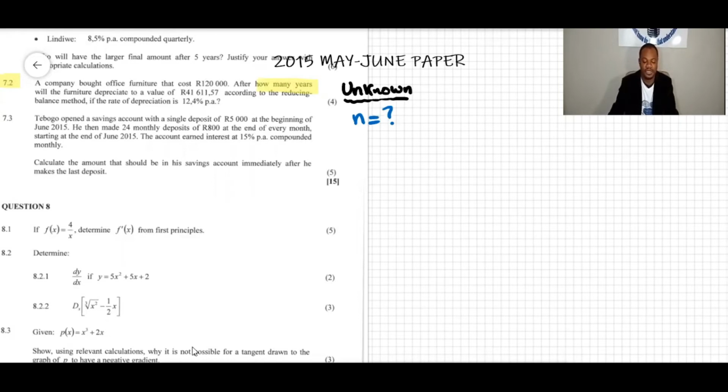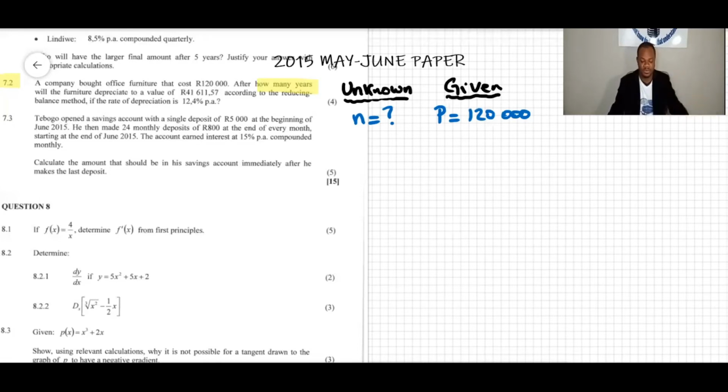And then I'm going to list the givens in the question. They say a company bought office furniture that costs 120,000. So the principal is the cost of the furniture, 120,000. It is also said that the furniture depreciates to a value of 41,611.57.